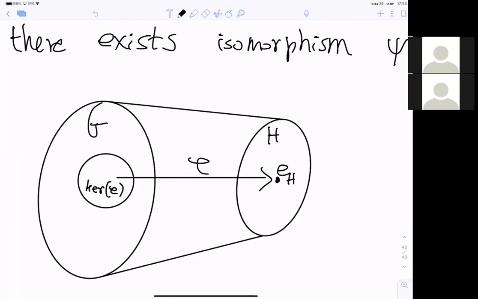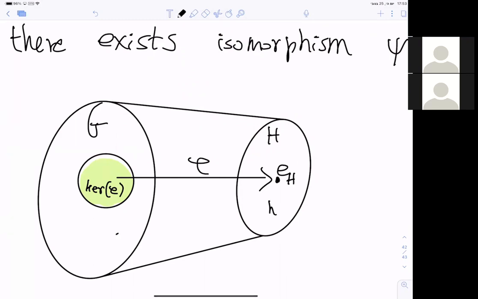Now, by saying that G modulo kernel is isomorphic to H, what do I mean? I mean that if you think of other targets here, for example, you take h here.